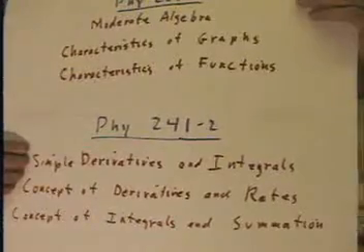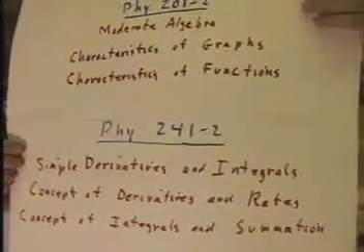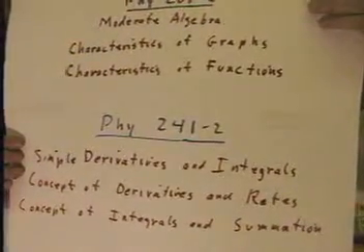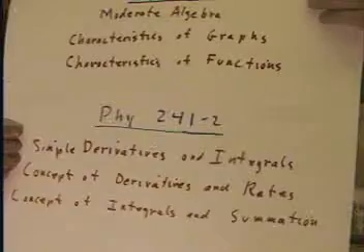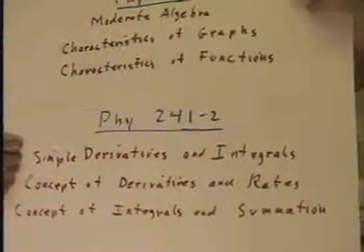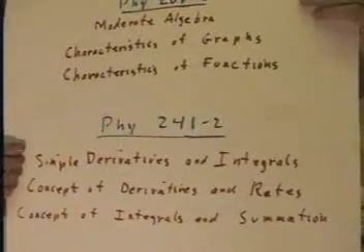For Physics 241 and 242, which is a calculus-based course, you have to understand simple derivatives and integrals, the concept of derivatives and rates, and the concepts of integrals and summation. And those things should ring a bell if you've taken or are taking a calculus course. You should be exposed to those ideas.